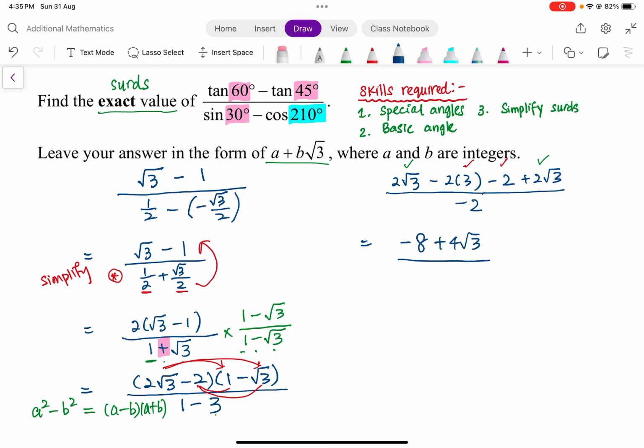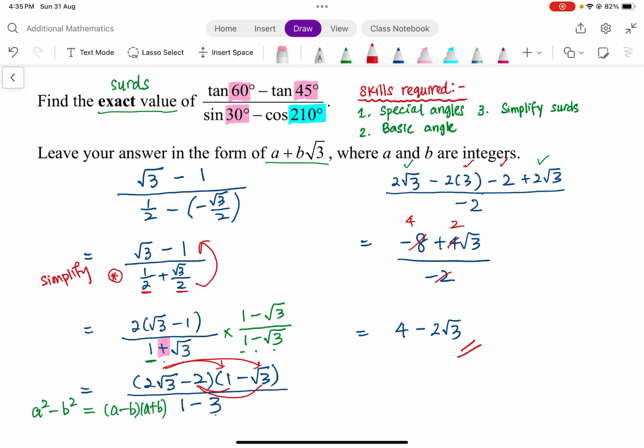And this is divided by minus 2. So I am able to simplify this, and this will give me the final answer, which is 4 minus 2 root 3. So this is our final answer.